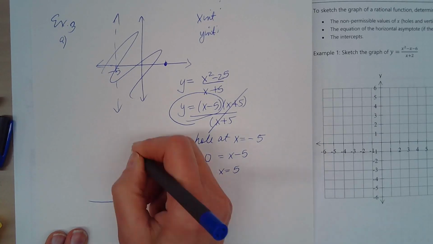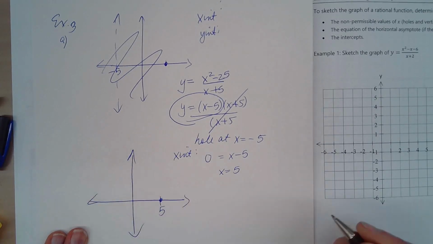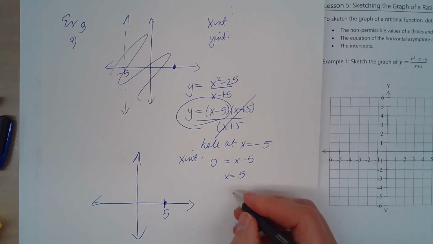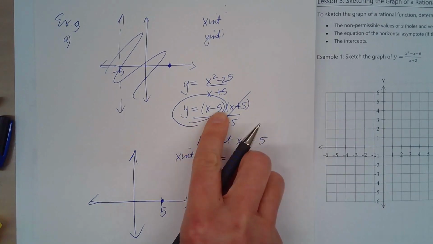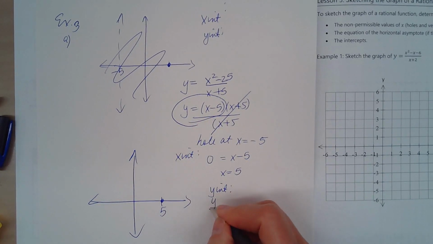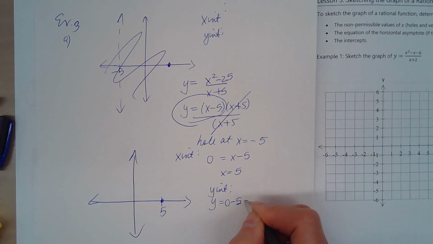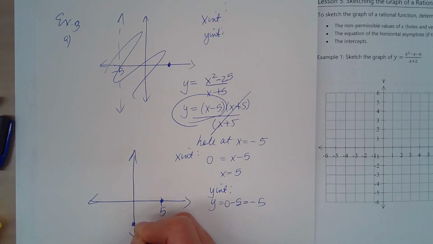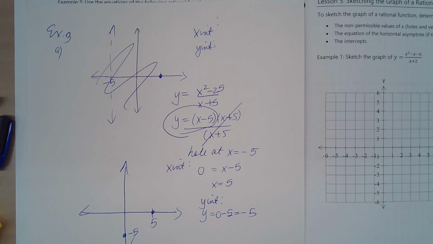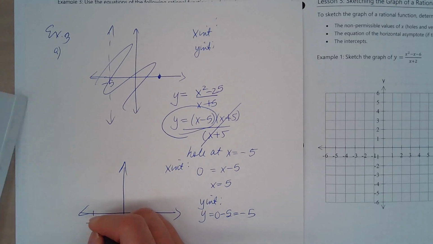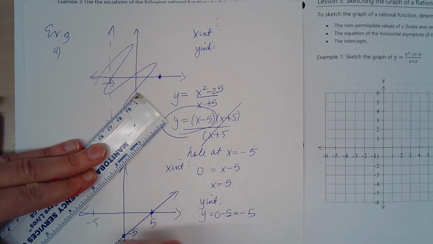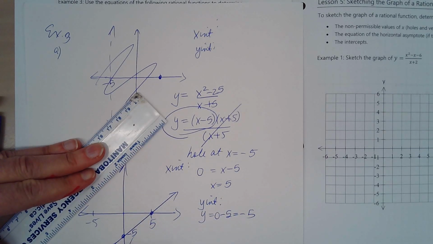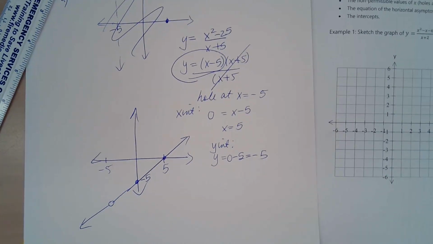There's my x-intercept, there's no horizontal asymptote, there's no vertical asymptote, and my y-intercept, let's see, replace x with 0 in my simplified form. y equals 0 minus 5, negative 5. So it's just a linear function with a hole, and the hole is at negative 5, so this is what I would do, right? And that's what my graph would look like.